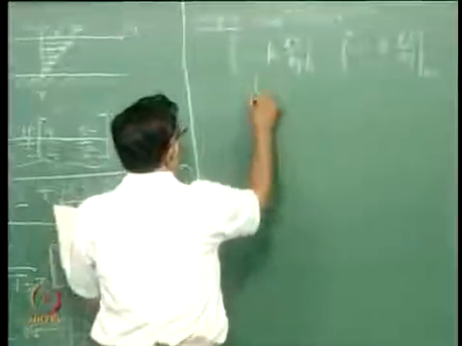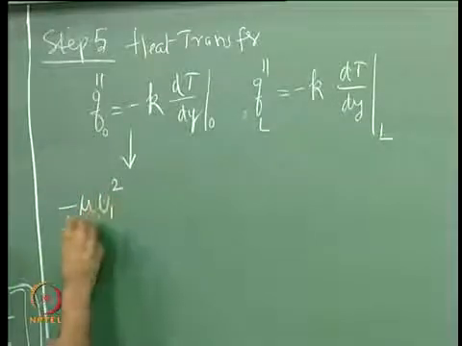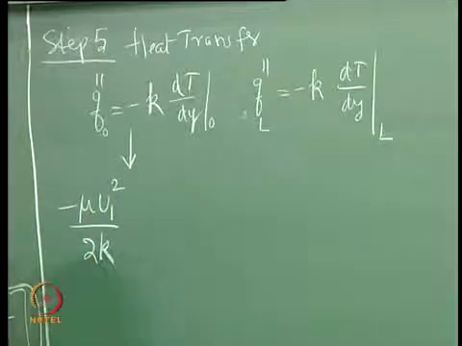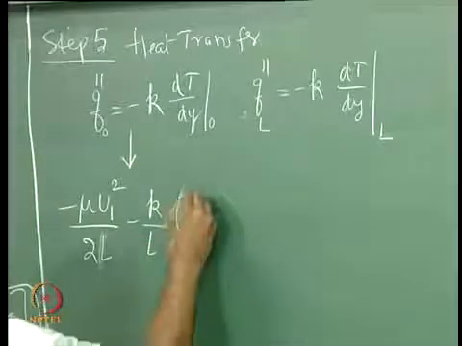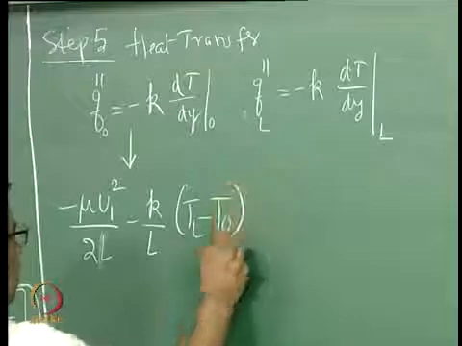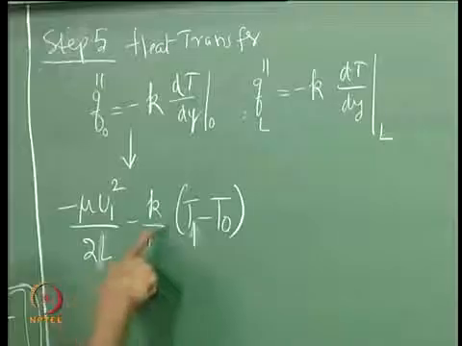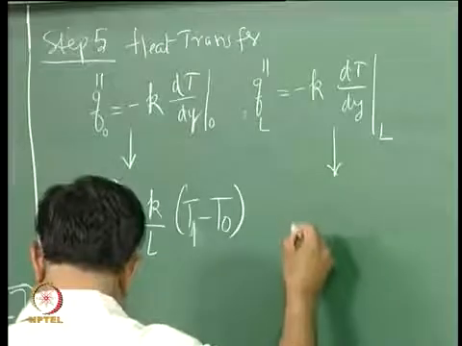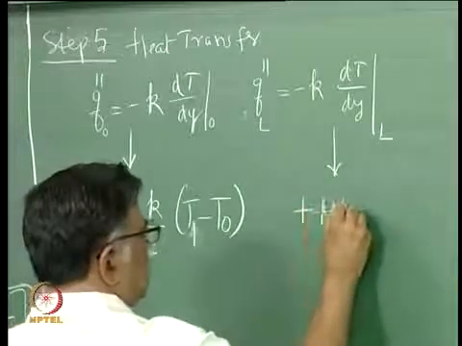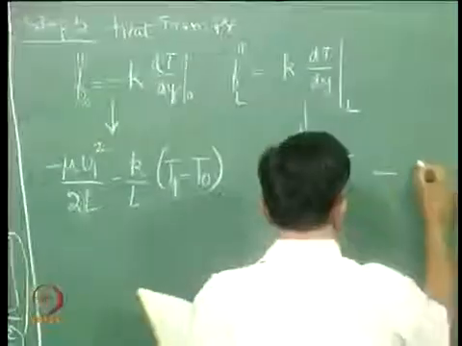Q0 double dash, the heat transfer at the wall, is equal to minus mu u1 square by 2L minus K by L (T1 minus T0), and the heat transfer at the top wall is plus mu u1 square by 2L minus K by L (T1 minus T0).